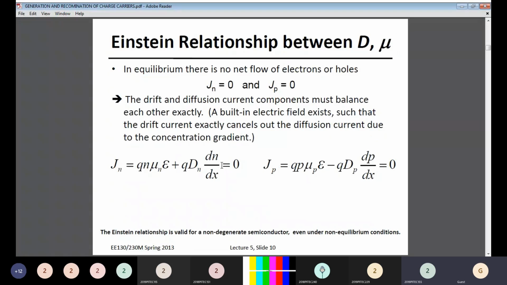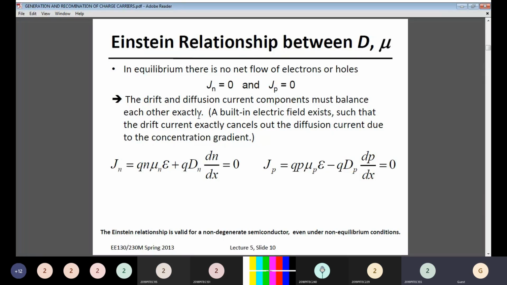Move on to the Einstein relationship between D and mu, diffusion and mobility. In equilibrium state, there is no net flow of charge on electrons or the holes. So the current density on n-type is 0 and p-type is also 0. The drift and diffusion current components must balance each other exactly in equilibrium state.